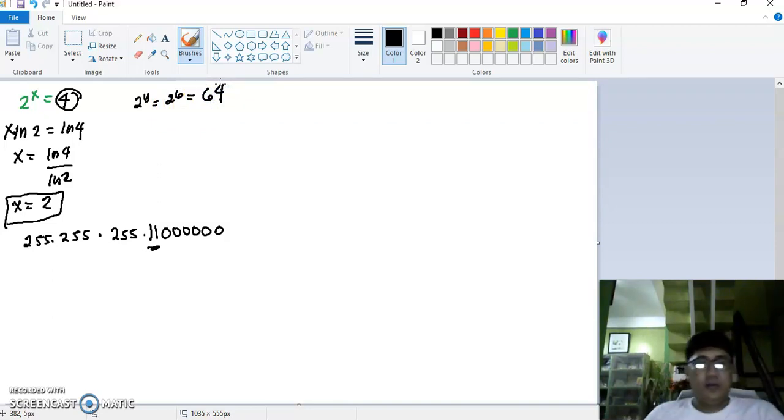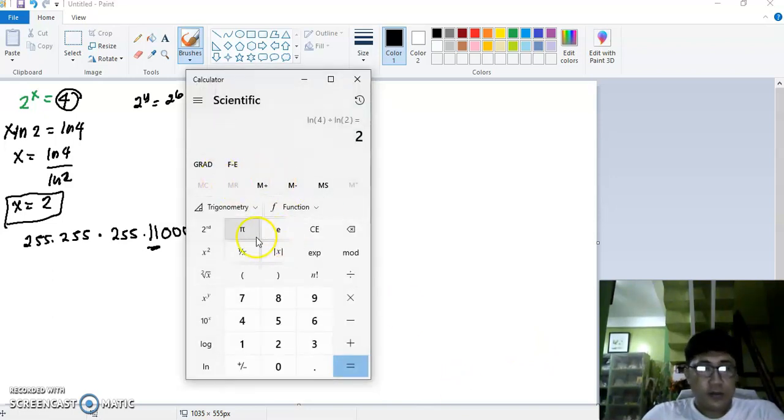If you have a calculator, let me delete this one. We use this one: 2 raised to the power of 6 equals 64.